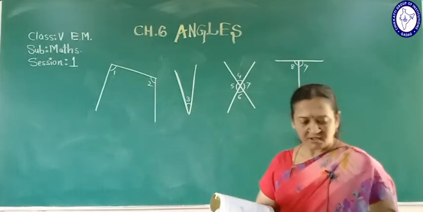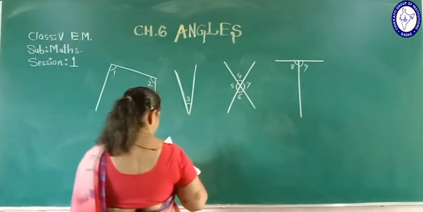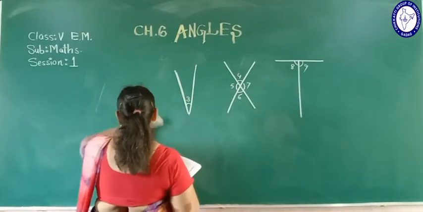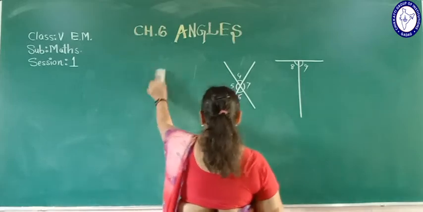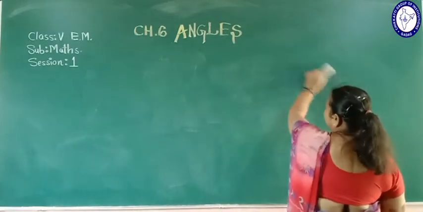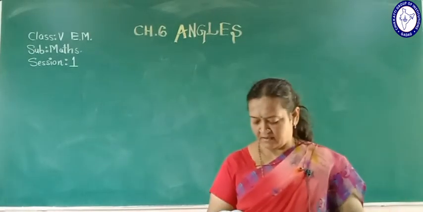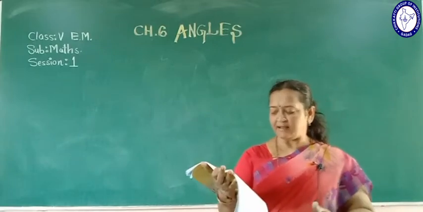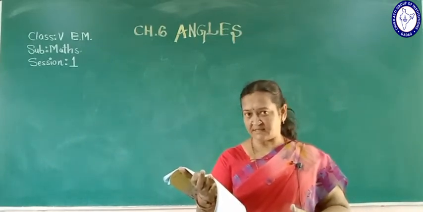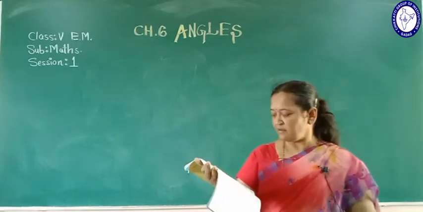Then the fourth main question, how you should write: name the angles, vertex and sides in the following figures. Here first we have to write the angle, then we have to write which is the vertex, and then we should name the sides of the following figures.